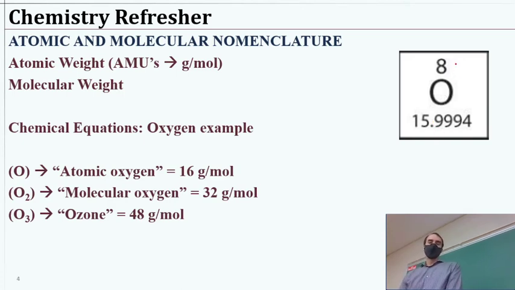So essentially, if this is the number of protons, and each proton is 1 atomic mass unit, AMU, I'll write that in a different spot so it's clear. So 1 proton is 1 atomic mass unit.